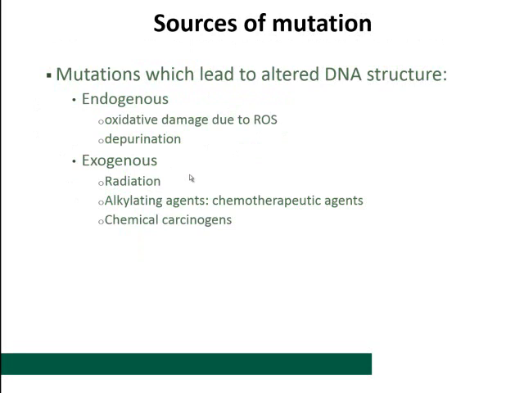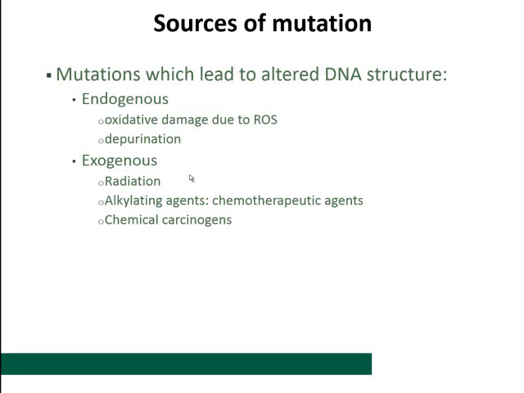Sources of mutations. The factors that alter DNA bases can either come from within or from without the organism. From within are called endogenous. They occur by oxidative damage due to the reactive oxygen species that are produced from normal metabolic pathways, or, as we looked at before, depurination of bases, removal of purines and leaving a naked backbone.